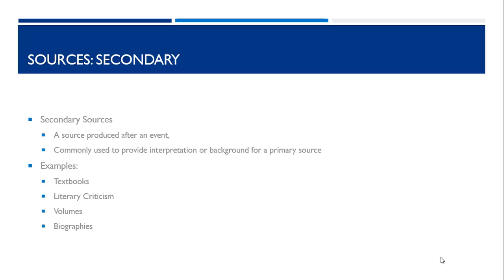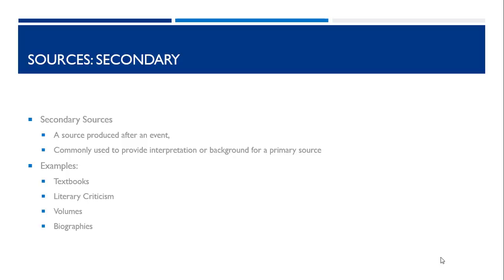A literary criticism is a great example. Sometimes people will write criticisms of novels. For example, someone could study the different themes present in a literary text such as Moby Dick. And this would be a secondary source because it's commenting on the primary source.